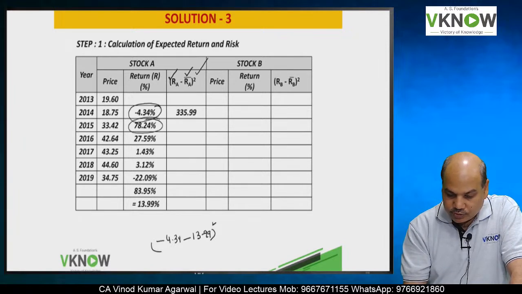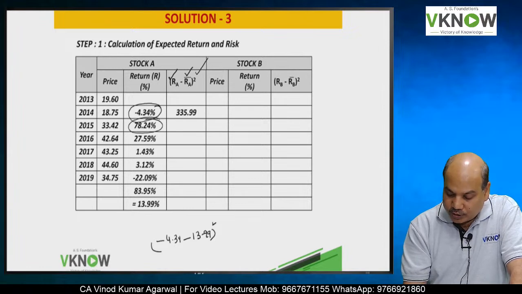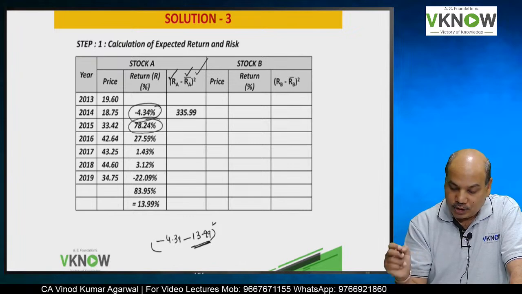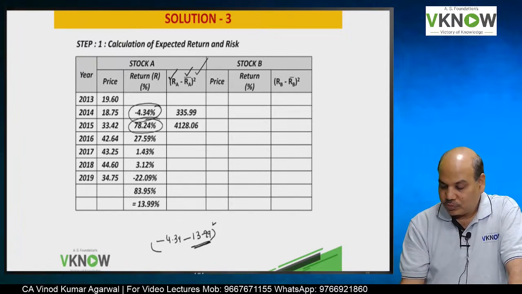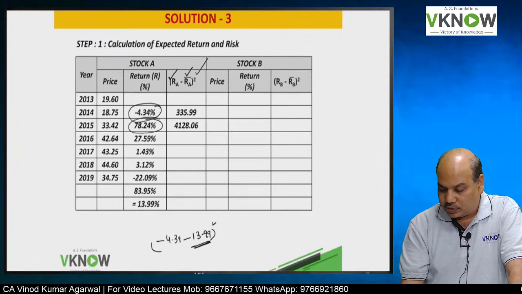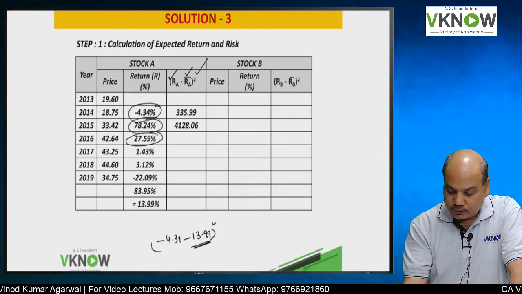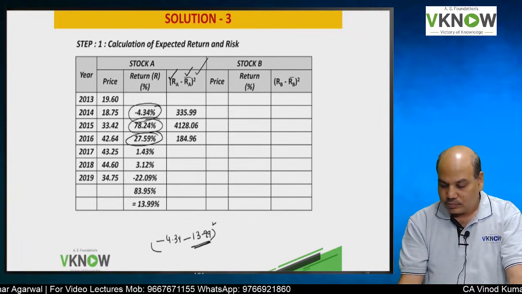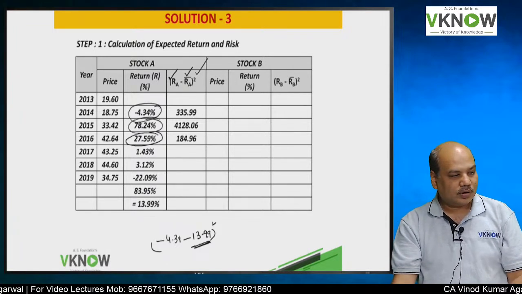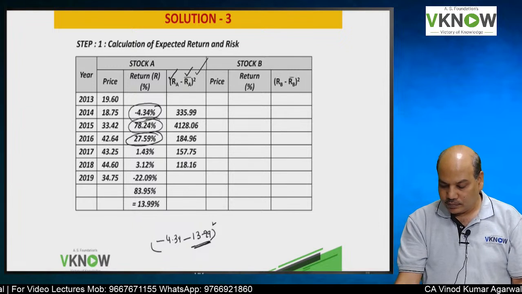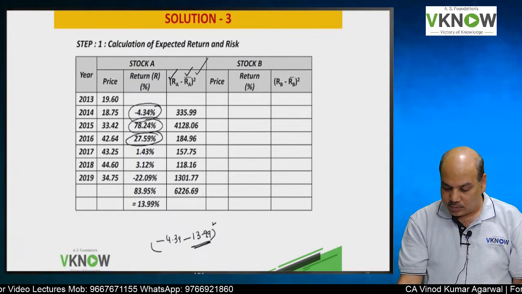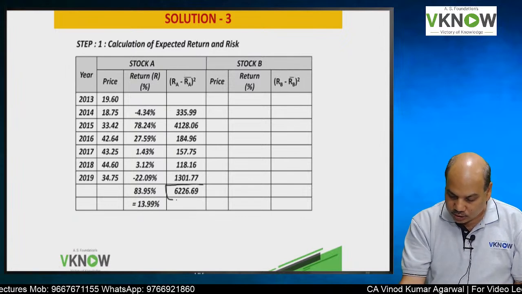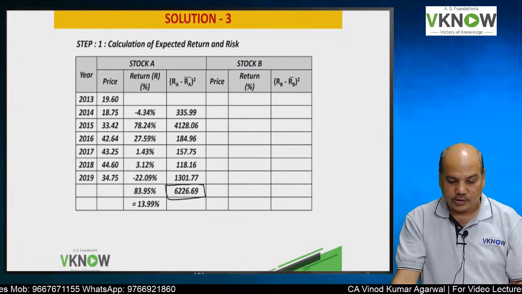Next one, 78.24 minus 13.99 into equal to 4128.06. 27.59 minus 13.99 into equal to 184.96. Now do this calculation yourself and tell me the total. The total comes to 6226.69.